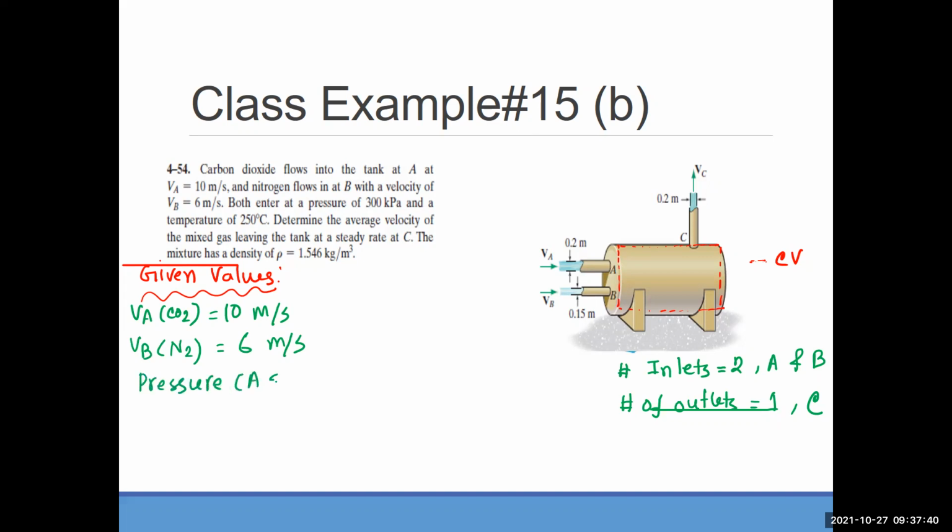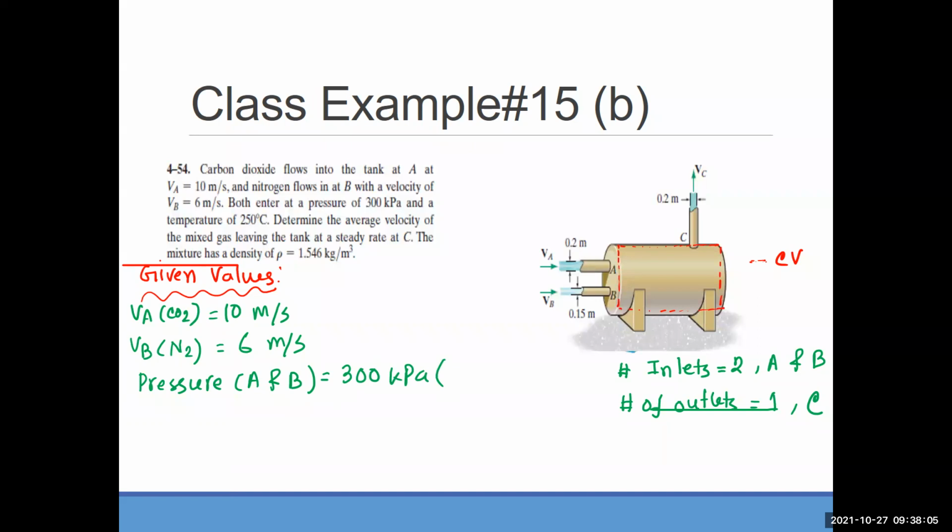Okay, so pressure A and B, right? Is 300 kilopascal. Now, they didn't say anything about whether it's absolute or gauge.